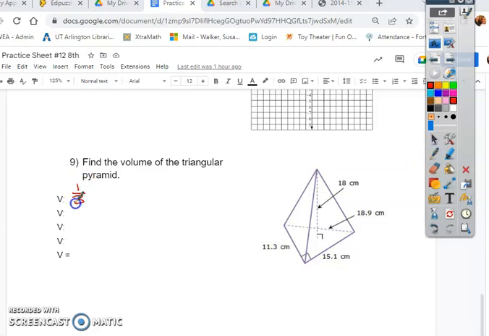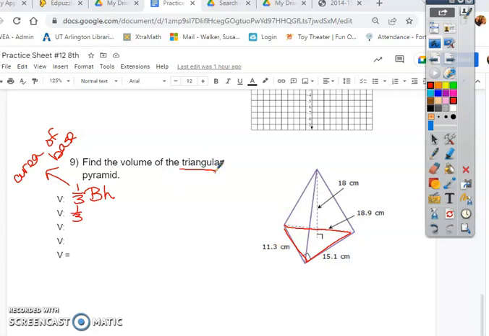Big B means area of the base. So 1/3, and I need the shape of the base. Well, hopefully you can tell this is a triangle.